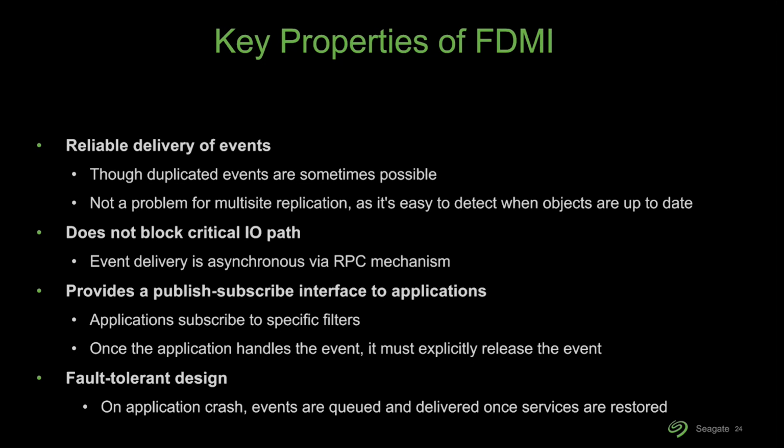So Motor persists those events until the FDMI application tells it, okay, I'm done handling that. And of course, Motor is designed for fault tolerance, and FDMI is the same. So if our FDMI application crashes, then those events will be queued and we'll deliver them once the service is back up and running again.